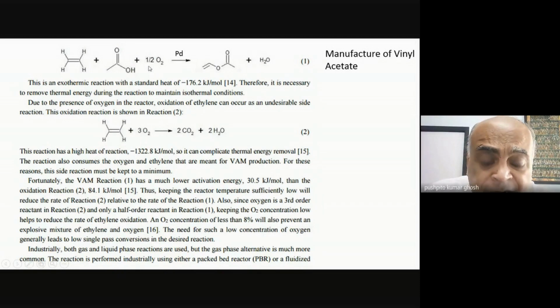The other advantage of keeping the oxygen concentration low is that, you remember the upper and lower flammability limits, I can go beyond the upper flammability limit, and therefore the chances of things like having an explosion can be reduced. So these are all the clever ways in which you can manipulate the particular process.